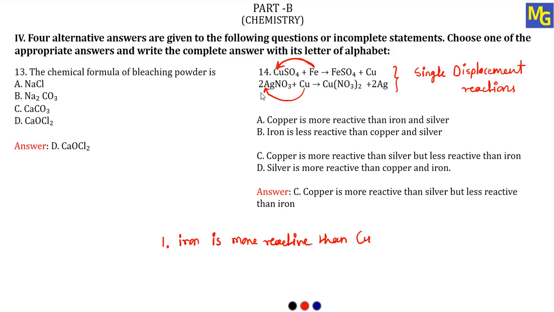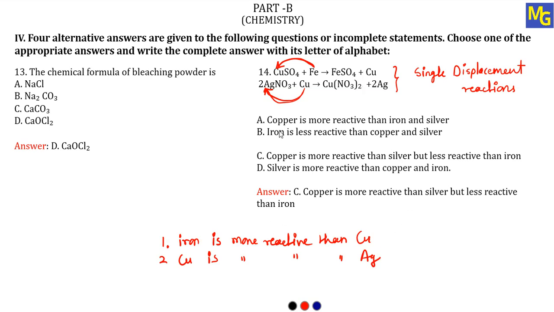In the second reaction, if you see, copper is replacing silver. Means what? In the second reaction, copper is more reactive than silver. So this is the main conclusion which we can draw by using these reactions.